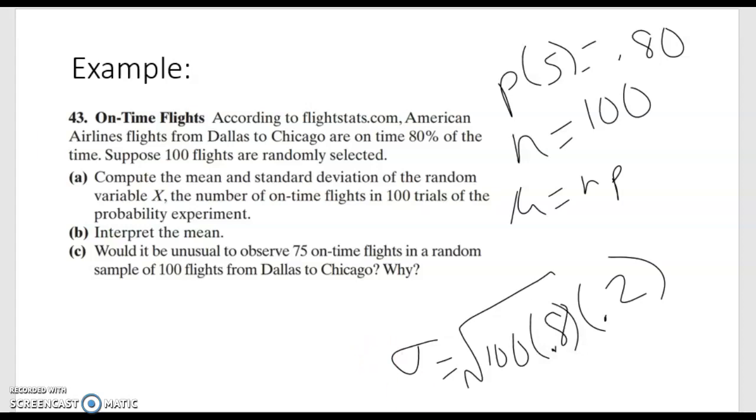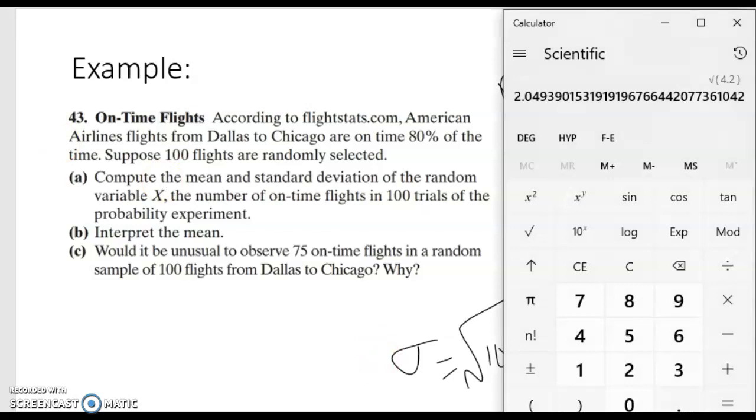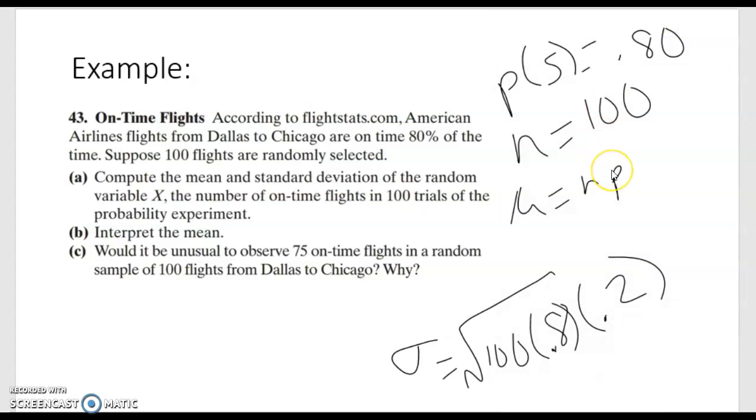So if we calculate that, I'm going to bring the calculator up. It's 100 times 0.8 times 0.2. Then we're going to take the square root, and we're going to get the nice number 4.